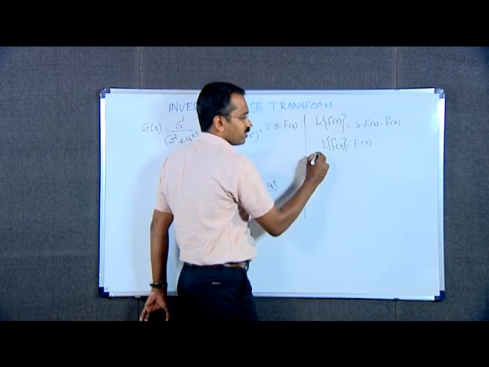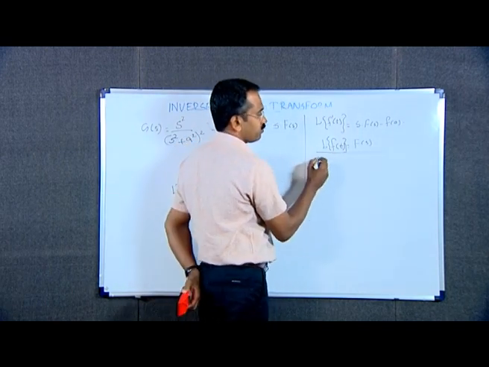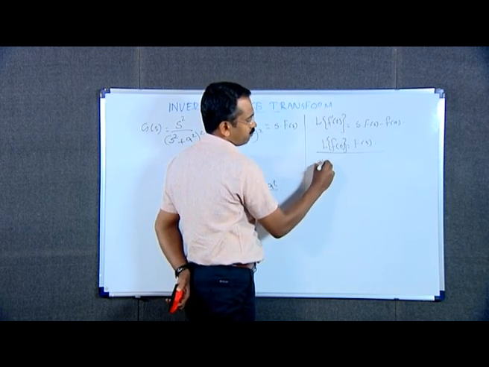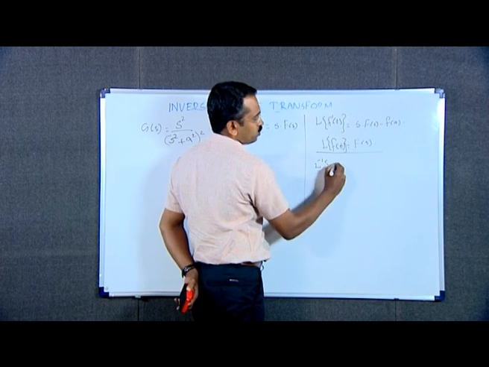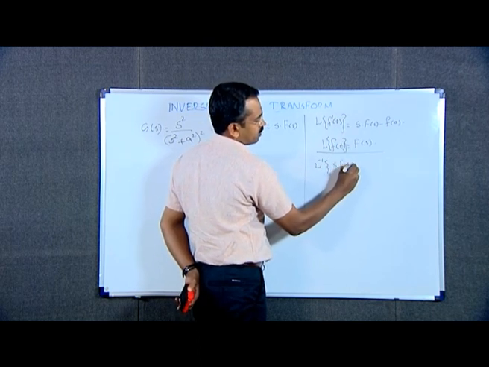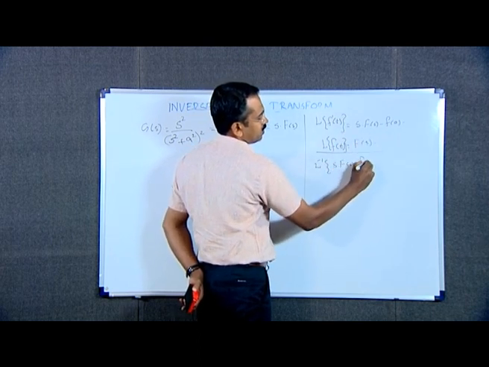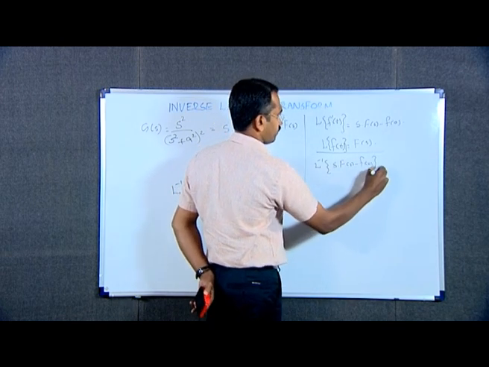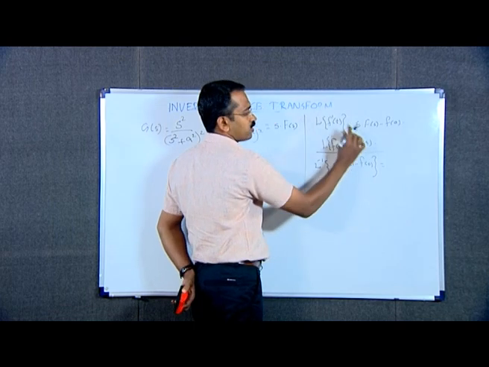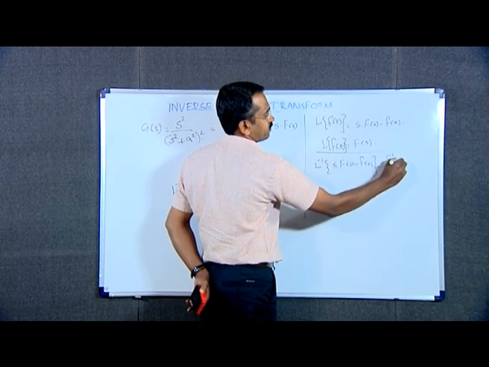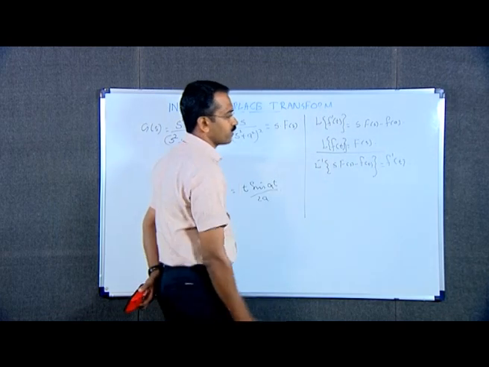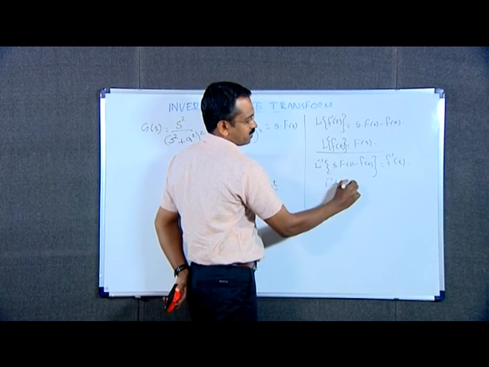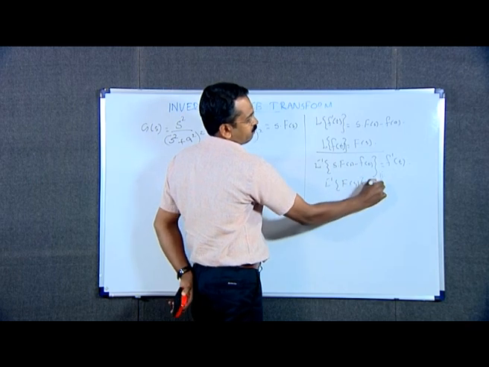Now consider the inverse transforms. We can write L inverse of s into F of s minus f of 0 is equal to f dash of t, where L inverse of F of s is equal to f of t.